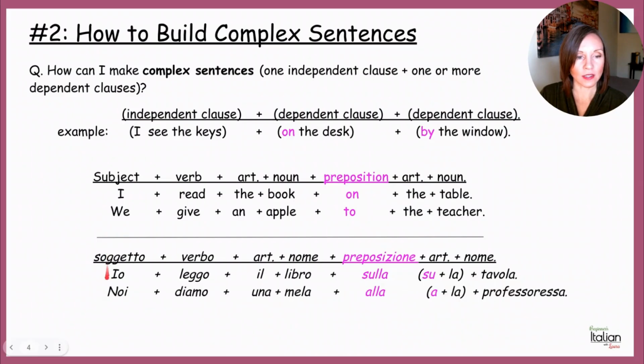And then in our second example here, noi diamo una mela alla professoressa: we give an apple to the professor. As you can see, we have our independent clause here, and then we just added on our dependent clause. And that's how you build complex sentences in Italian.